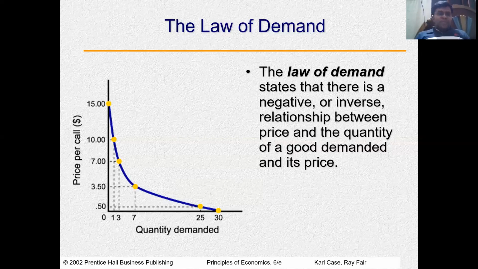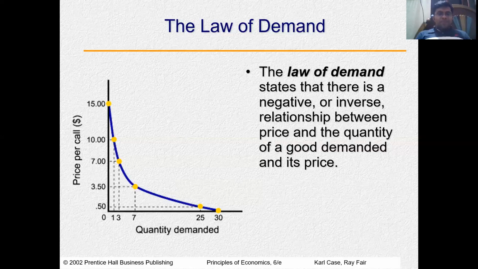For more understanding, we can have a look at this graph. On the vertical axis, we have price per call in dollars, and on the horizontal axis, we have quantity demanded. As we move on the vertical axis from $15 to $10, the person makes one call. As we move further downward to $7, the person makes 3 calls in a day or in a month.